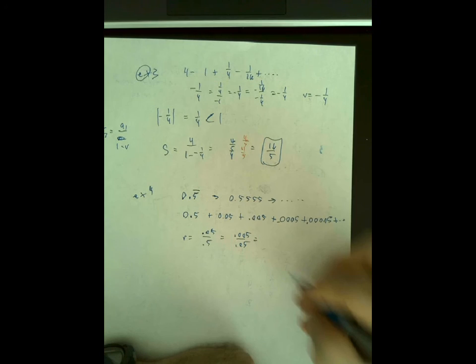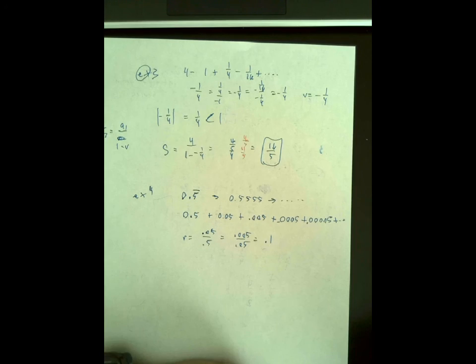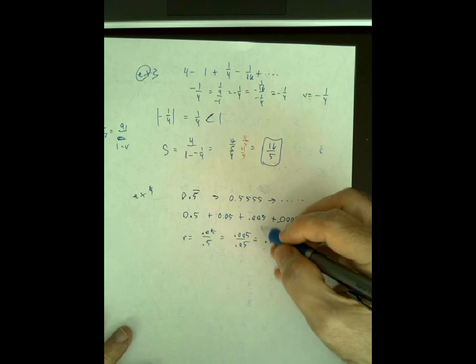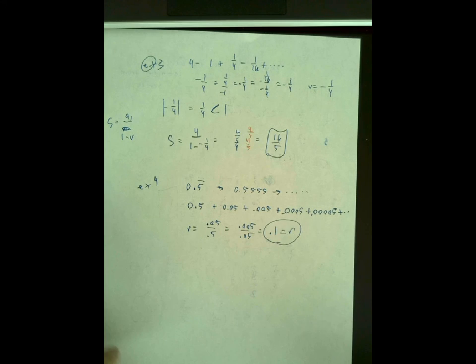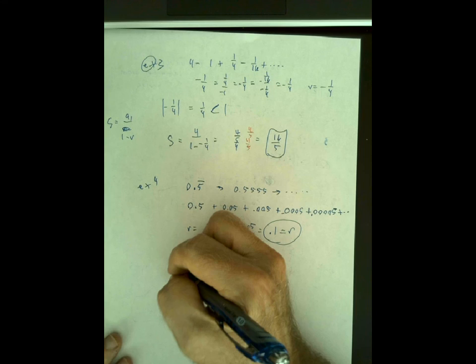And you can see, well, that's equal to 0.1, isn't it, right? R is equal to 0.1. So it's a convergent series because, as you can see, that common ratio is less than 1.